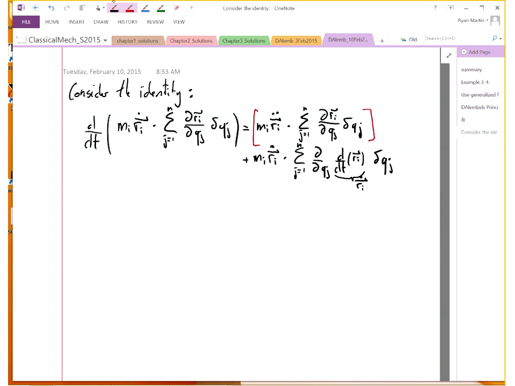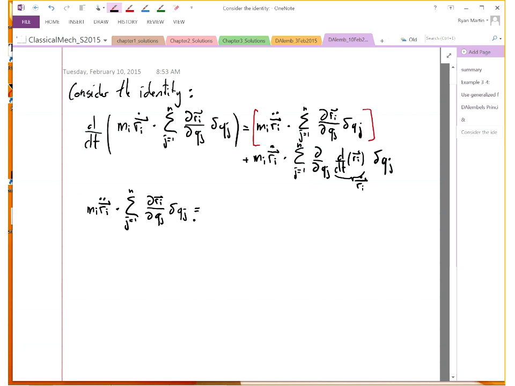So if I rewrite it, just moving everything else to the other side, I have m_i r_i vector double dot dotted with the sum from j equals 1 to n of ∂r_i by ∂q_j δq_j.